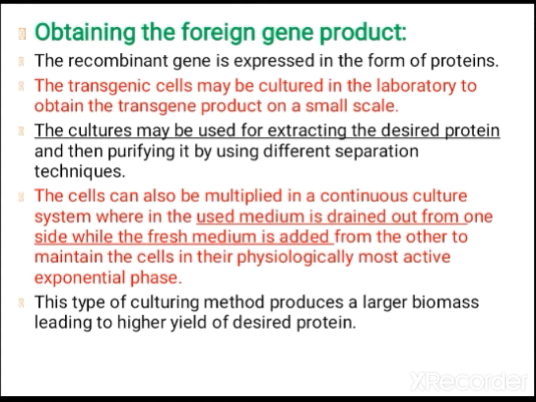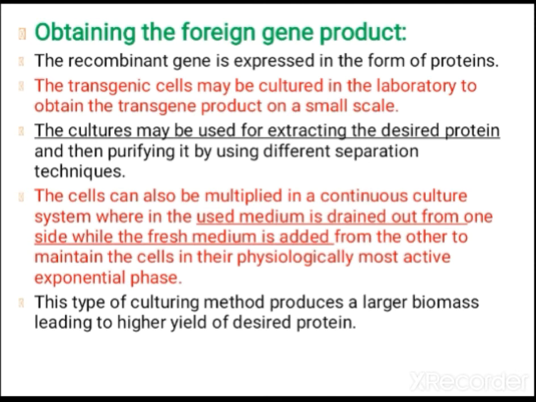Then the desired protein is extracted, and later it has to be purified also, because it may contain other contamination, so it has to be clarified. The cells can also be multiplied in a continuous culture system using the medium.